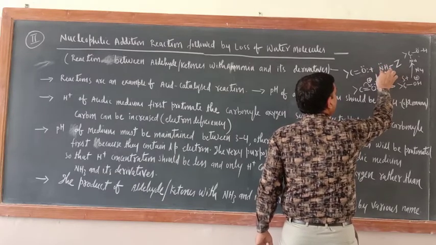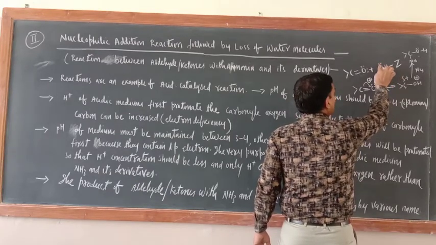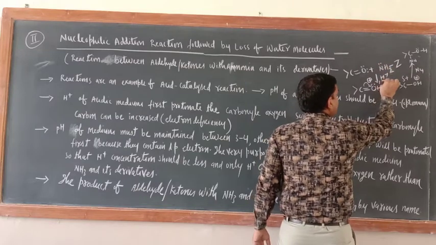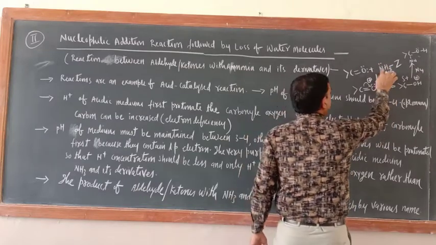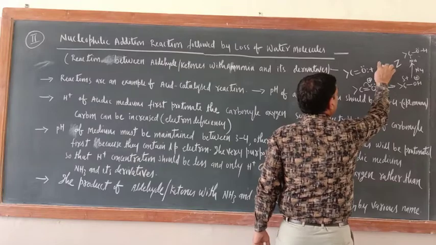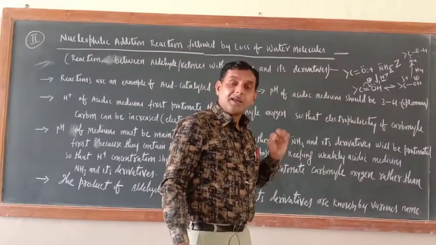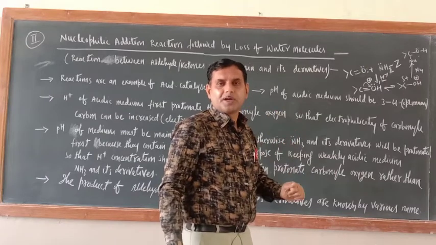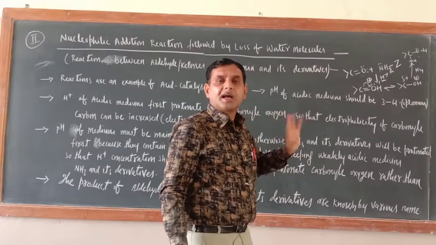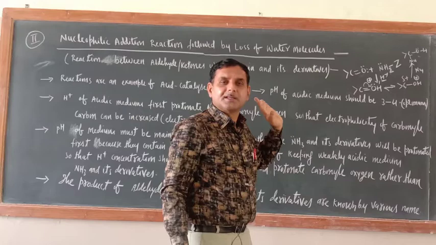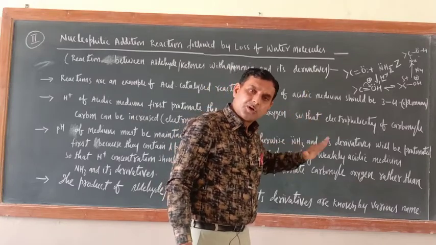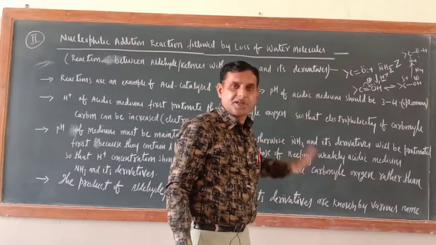This is ammonia and its derivatives. They contain lone pair of electron. So if H positive concentration is more, this N will also be protonated. And if nucleophile is protonated, then it will not attack on carbonyl carbon. That is why pH should not be less than 3.